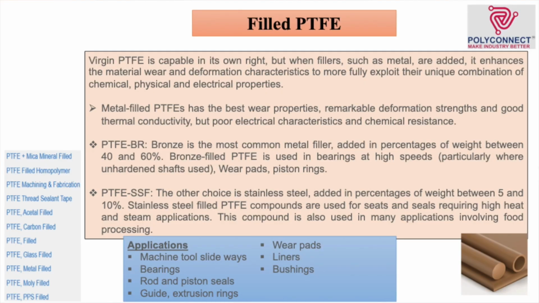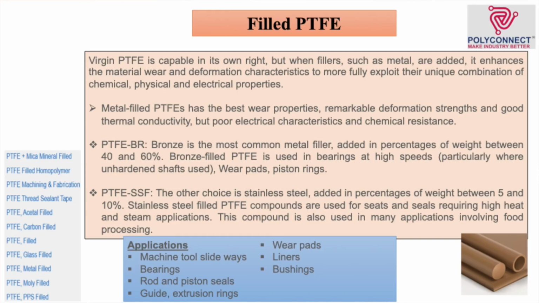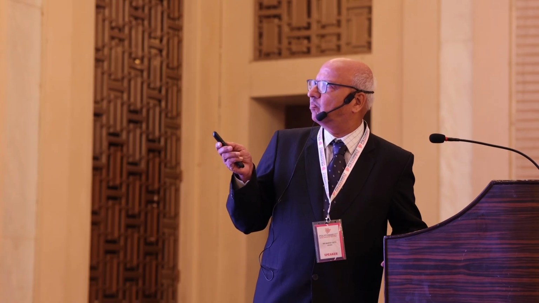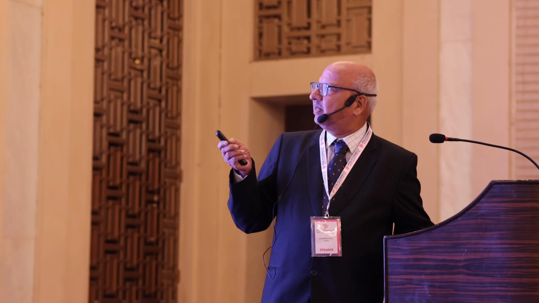Metal is difficult to process, plastic is easier to process, and once you add bronze or stainless steel to Teflon, you get a combination of properties: the bronze property is also available, the PTFE property is also available, and you don't need lubrications. Here are just some photographs. One molybdenum disulfide PTFE is available.